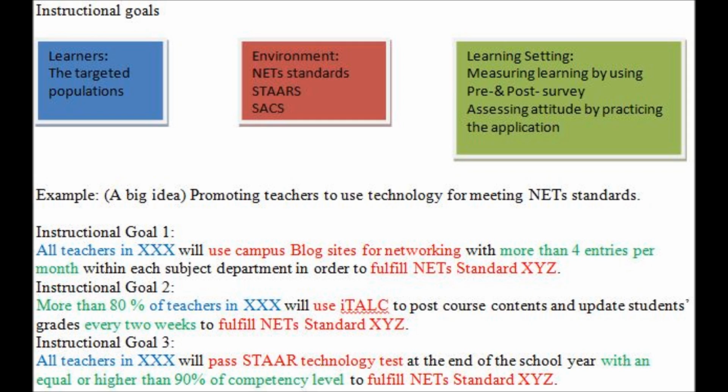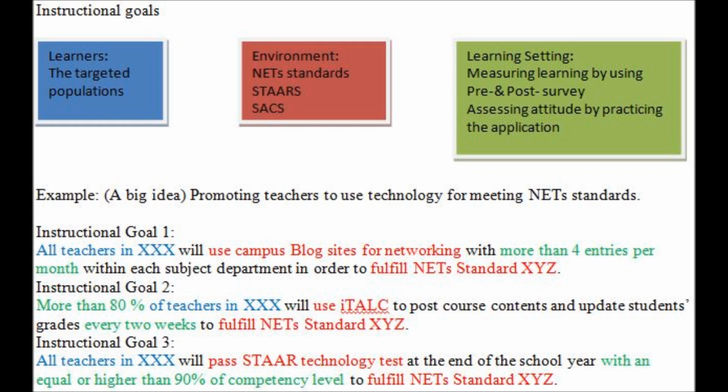Then for the second goal, I put the assessment as 80% of the teachers must be able to use any kind of software to provide classroom management. Then for example 3, I put that the teacher should pass the STAR technology test with higher than 90% competency level.